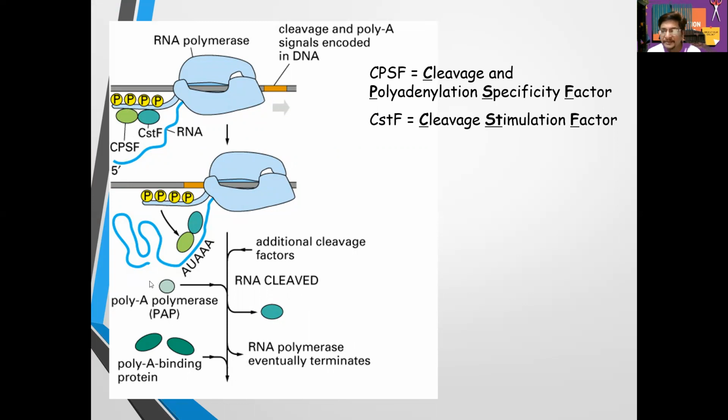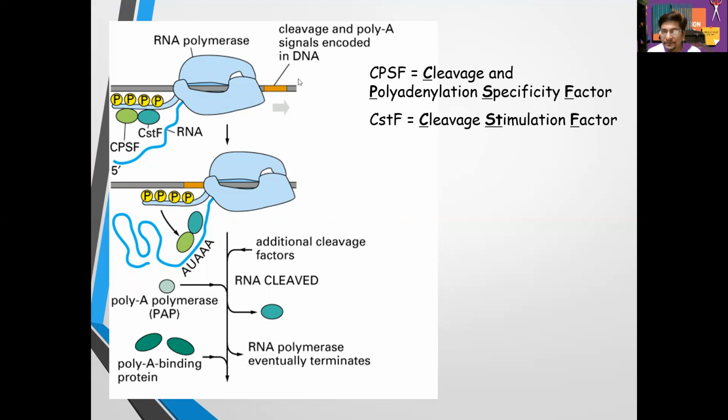And another enzyme, we have the polymerase, PAP, which is going to do the job of poly A polymerase, putting multiple adenine residues on the 3' end. And immediately after that, the poly A binding protein is going to bind to those locations, which is very, very important. And when this happens, RNA polymerase eventually terminates.